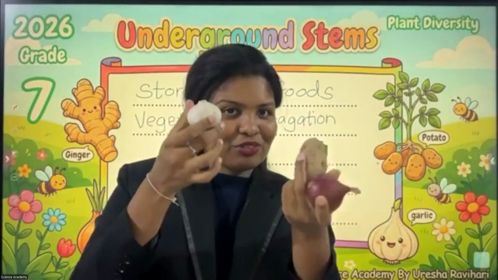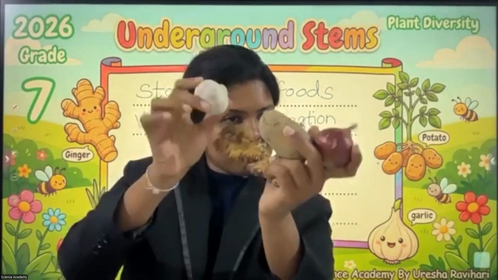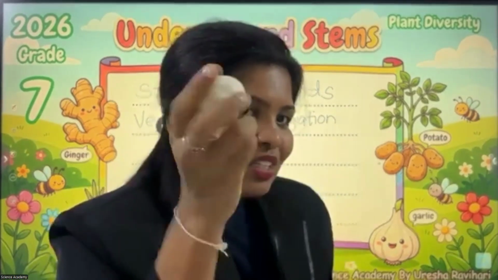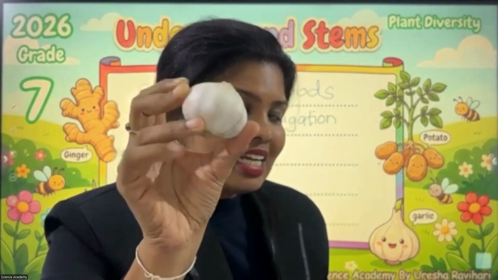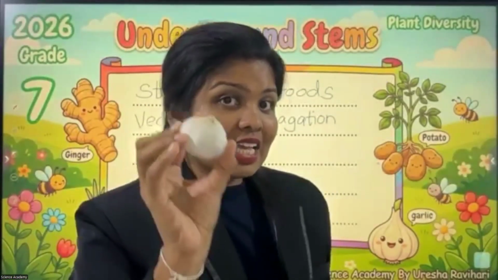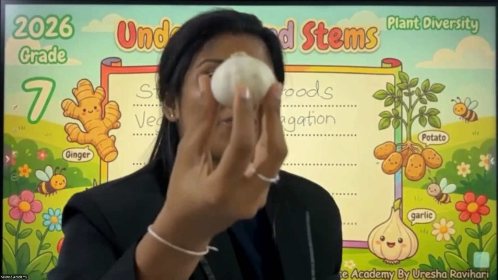This is part of their body. These are stem parts, right? So children, because of these stored foods, they can survive in harsh environments, when they have unfavorable conditions. When the favorable conditions come, they can grow once again as a new plant.